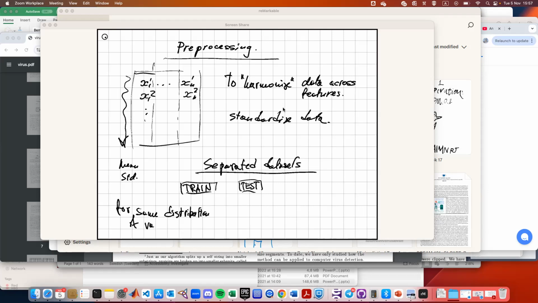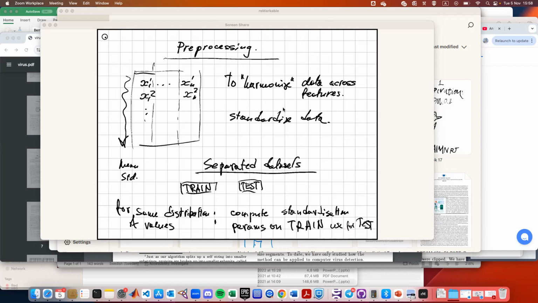to compute standardization on train and use it for test.